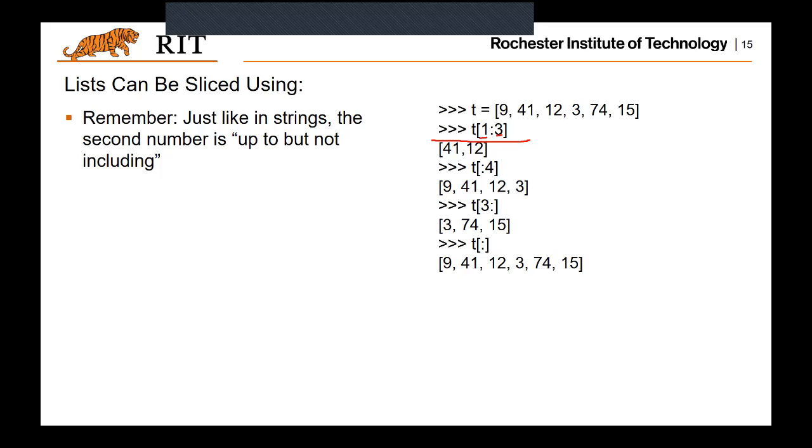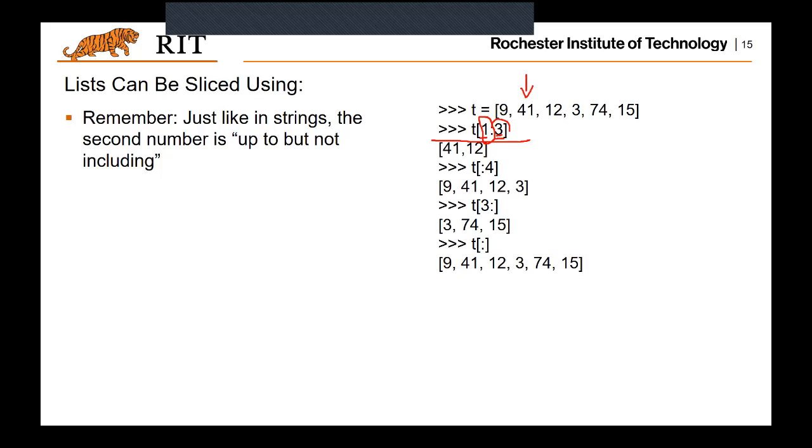The first parameter indicates you want to start with the element with this index. In this case, 1, that's the second element, and end with 3. But again, the second number is up to but not including.